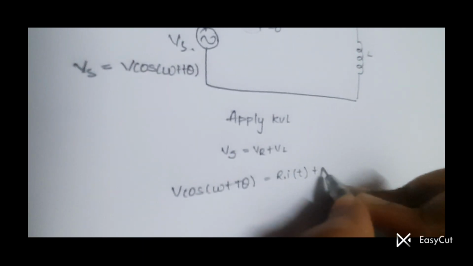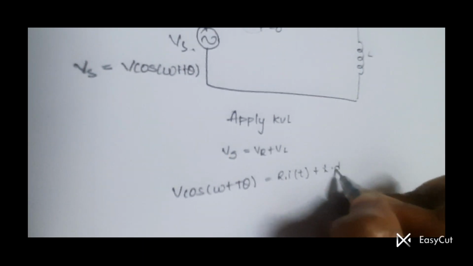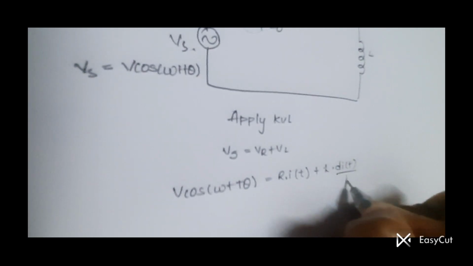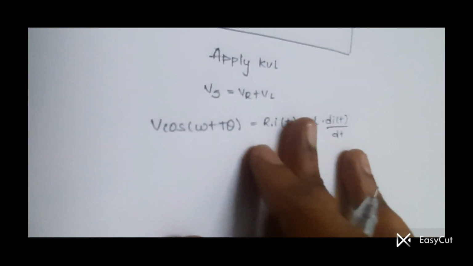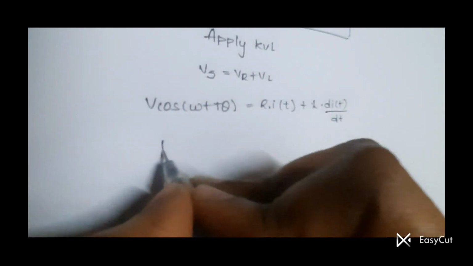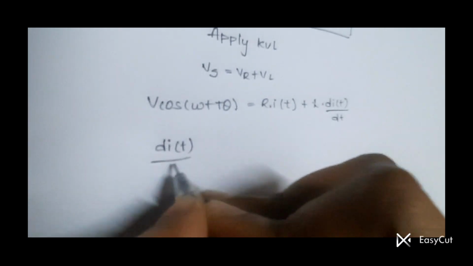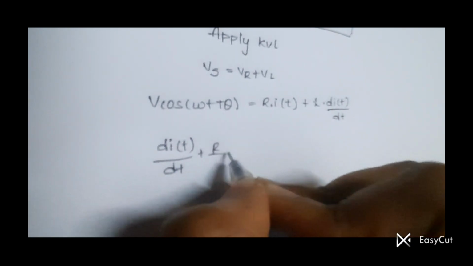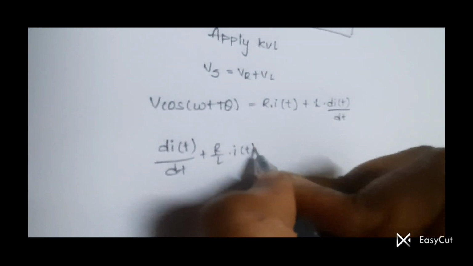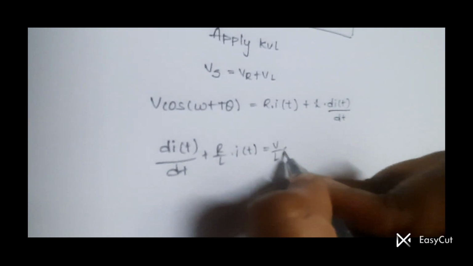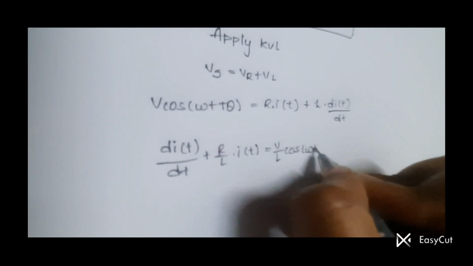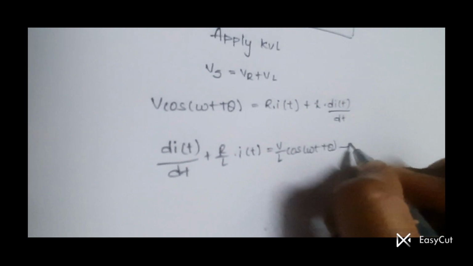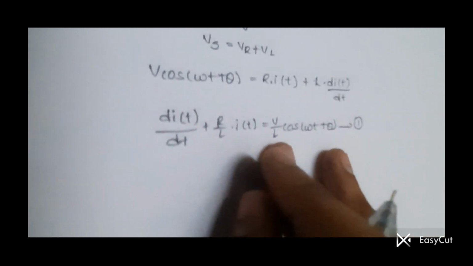The voltage across the inductor is given by L into di of t by dt. Writing this equation in a simpler form, di of t by dt plus R by L into i of t equals V by L into cos of omega t plus theta, treating it as equation 1.